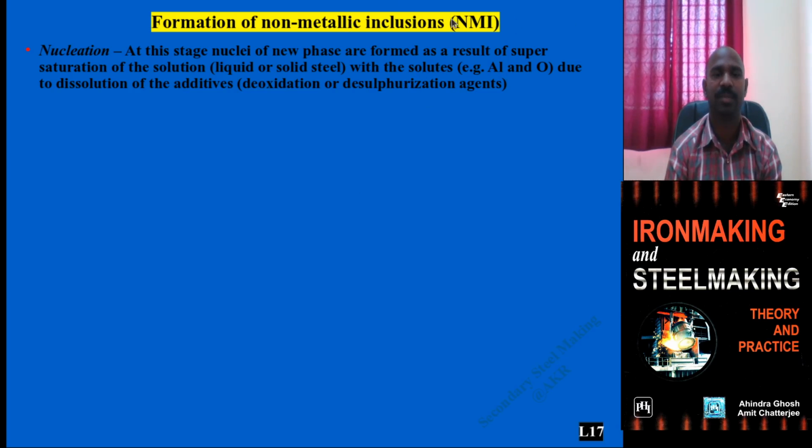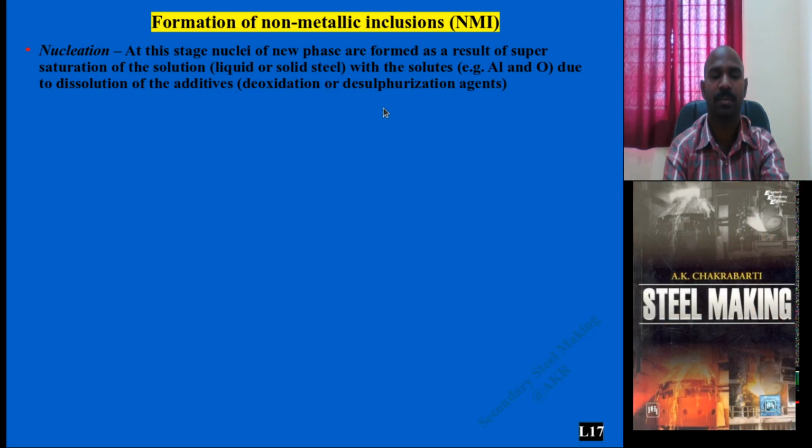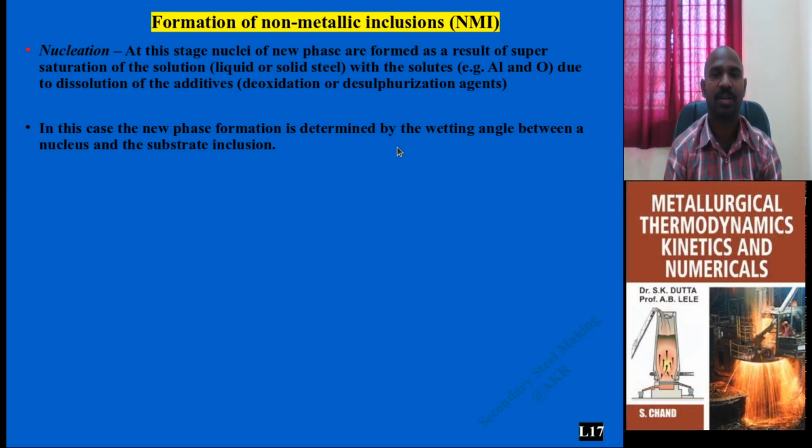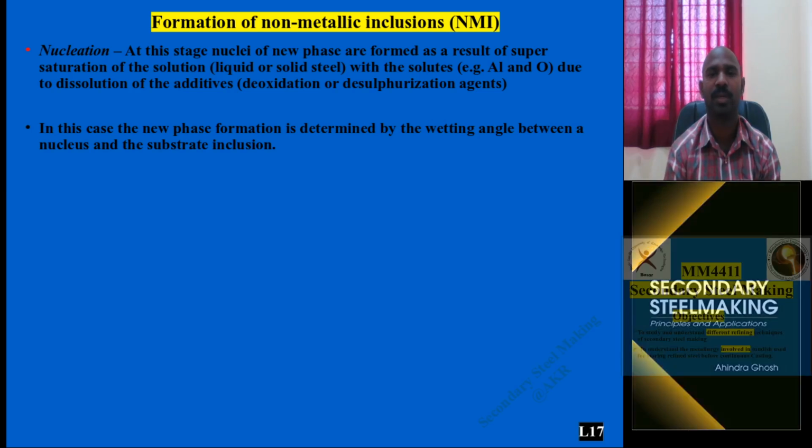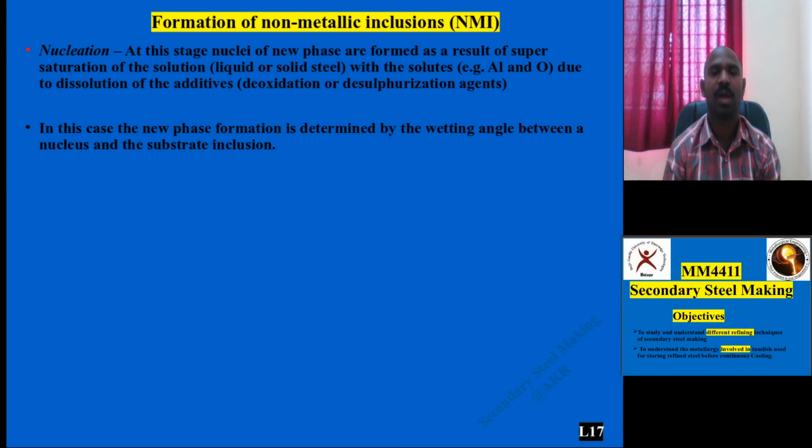Solute atoms of the molten metal and other additions, such as aluminium and oxygen, take part. Now, coming to the formation of a new phase such as inclusions, how do you determine it? By the wetting angle between the nucleus of the second phase and the substrate or matrix of the molten metal.